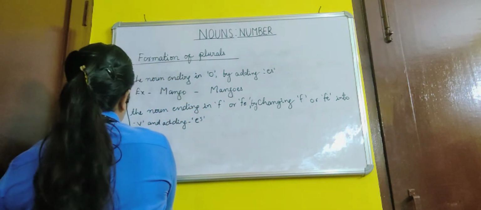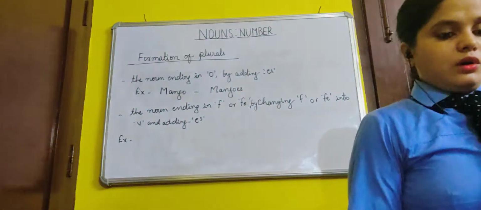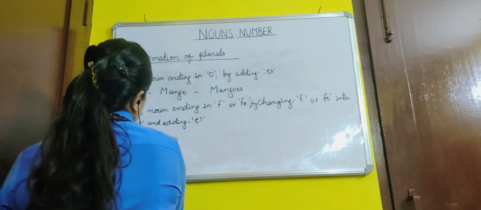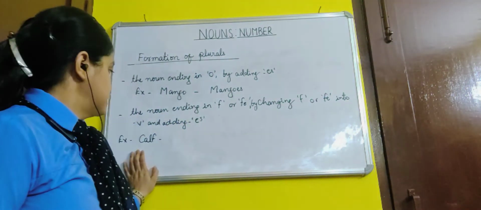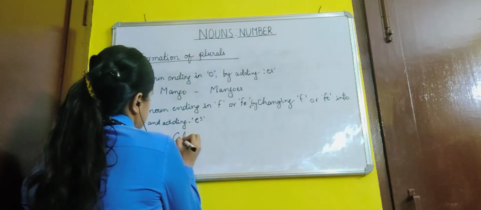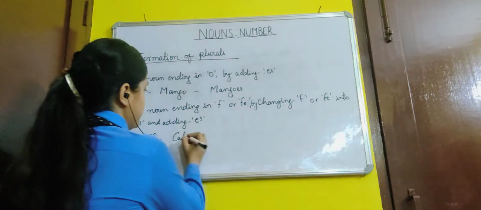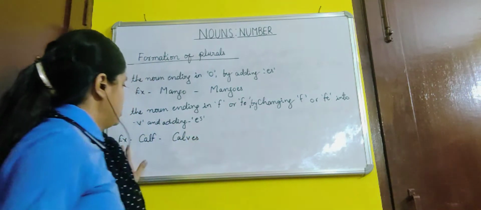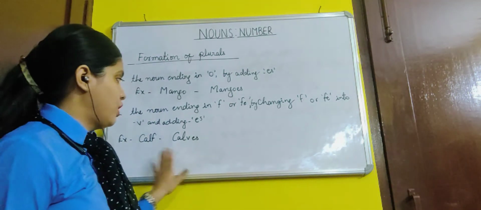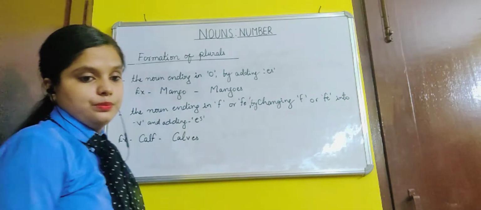Let's take an example, like calf. Here this word is ending in f. So what will we do? We will just simply change f into v and add es. So in this way we will make the plural of this noun.